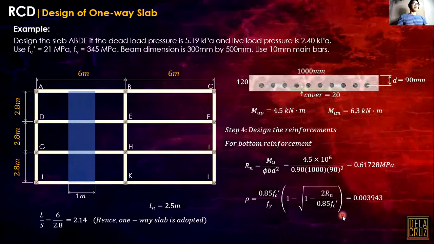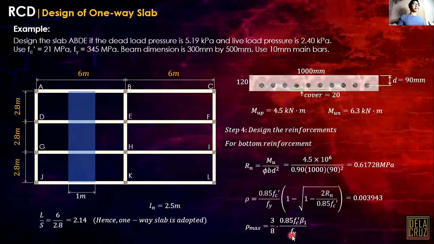Now, after this one, diba, i-check natin if magdodoble ba siya or i-check natin yung limiting strain. But I will just use the tension control. Diba, like the beam, I will just call this one as rho max. 3 over 8 times this quantity. Okay, I hope you remember this one. Tatawagan ko na lang siyang rho max. Although hindi siya maximum because as you remember, yung strain na 0.004 correspond to 3 over 7.